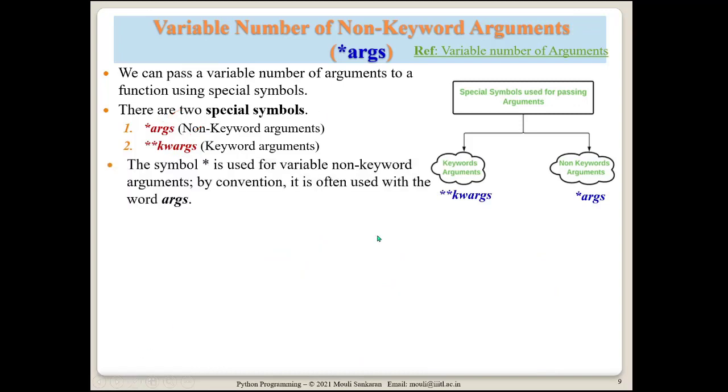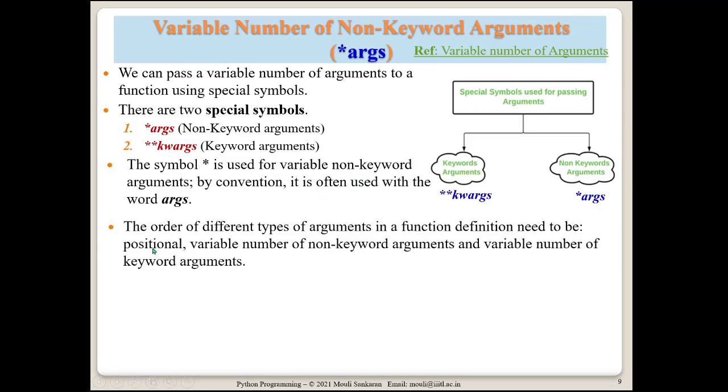Now let us see how to use it. The symbol star is used for variable non-keyword arguments by convention. It is often used with args. The order of different types of arguments in a function definition, remember function definition, needs to be as follows. When you are defining a function and you have different types of arguments, some positional arguments, some keyword arguments, and then a variable number of non-keyword and a variable number of keyword arguments, what is the order?